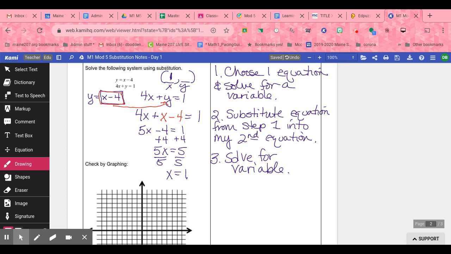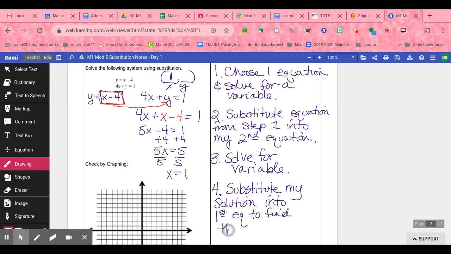What I need now is the y value that goes with it. So my fourth step is to substitute my found solution into that first equation to find the other variable.